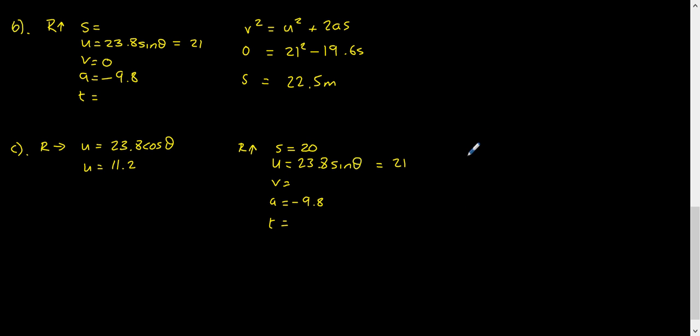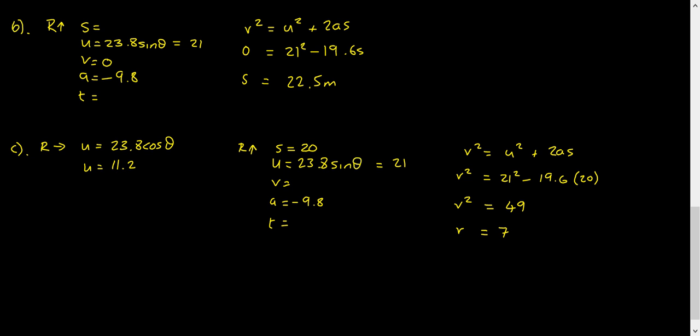So we're going to use the same equation as for part B, v squared equals u squared plus 2as. So v squared is 21 squared plus 2 times minus 9.8, which is minus 19.6, and the displacement is 20 meters because that's how far above the ground it is. So v squared comes out as 21 squared minus 19.6 times 20, which is 49, which means our velocity is 7.